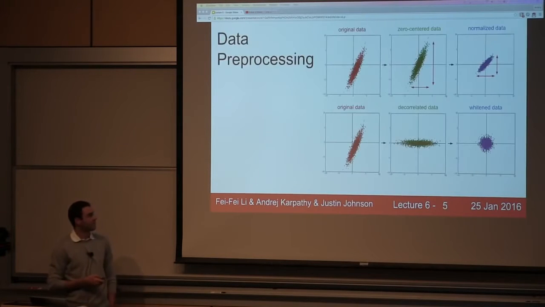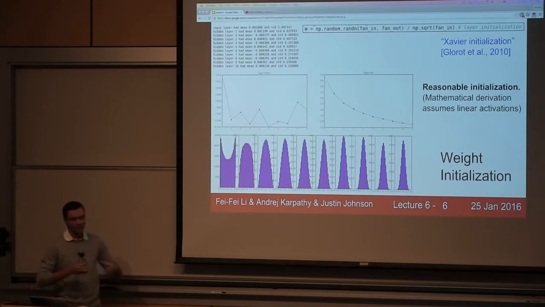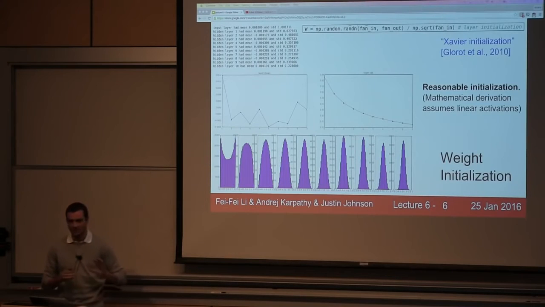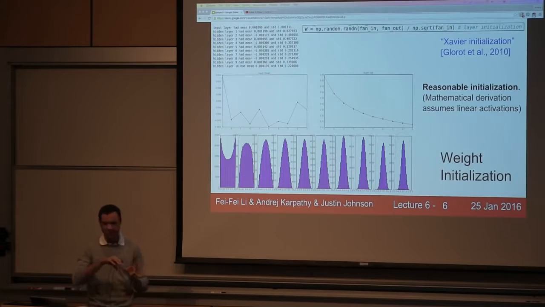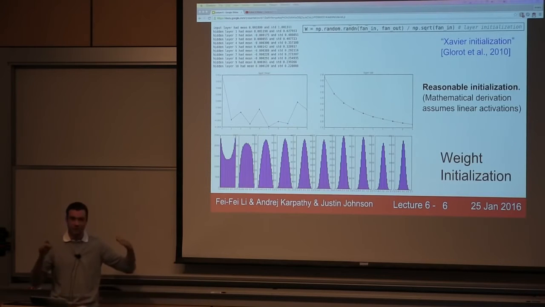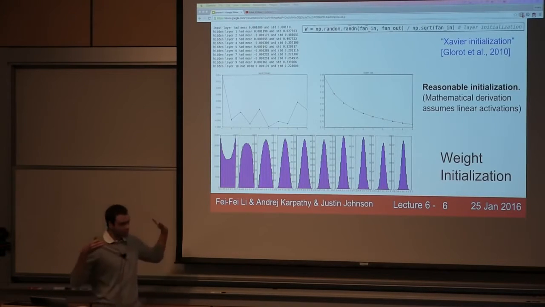We talked briefly about data preprocessing techniques. We also looked at the activations and their distributions throughout the neural network. The problem here, as you recall, is we have to choose the initialization for our weights, and in particular the scale of how large we want those weights to be in the beginning. We saw that if those weights are too small, then the activations in a deep network all go towards 0.